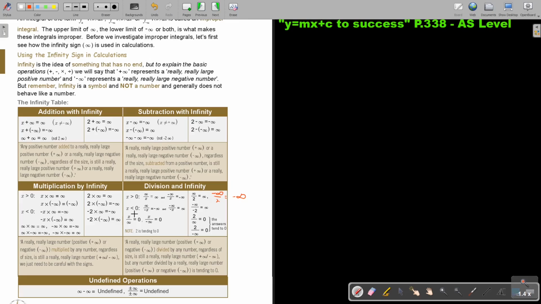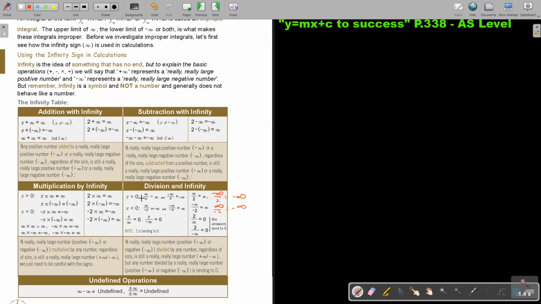When the number is smaller than 0, like infinity divided by negative 2, it's again the signs: this is going to be negative infinity. And negative infinity divided by negative 2, that's again the signs, it's a positive infinity. So look at the signs.